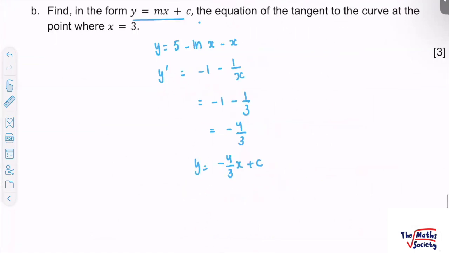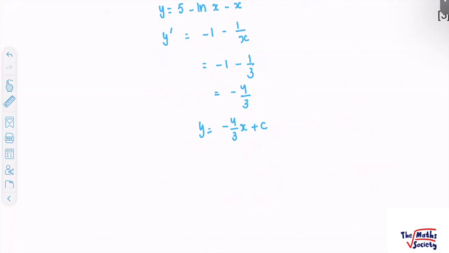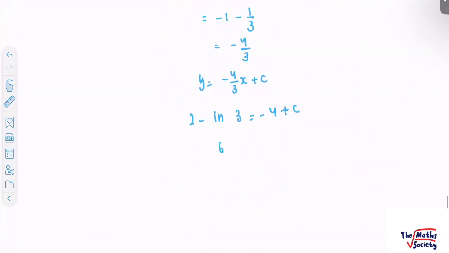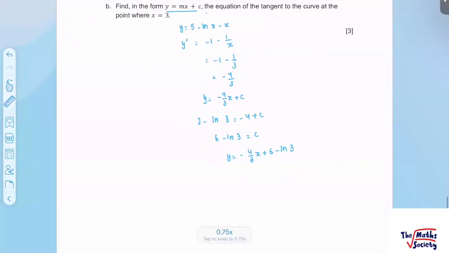When you put in x equal to 3, y is going to be 5 minus ln 3 minus 3, so 2 minus ln 3, equals minus 4 plus c. So that's going to be 6 minus ln 3, that equals c. So therefore, y is going to be equal to minus 4 by 3 x plus 6 minus ln 3. That is because it's c.